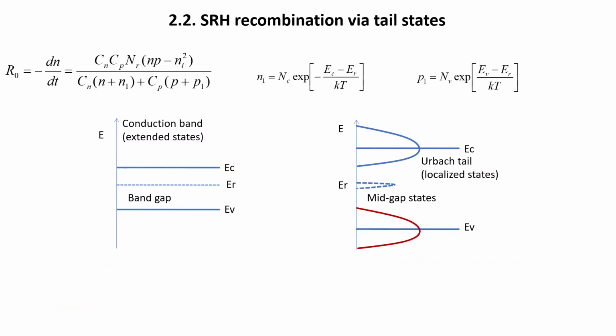So this is how we can consider an ideal crystalline structure with a conduction band which consists of delocalized states. If we have an electron here, it can easily move.